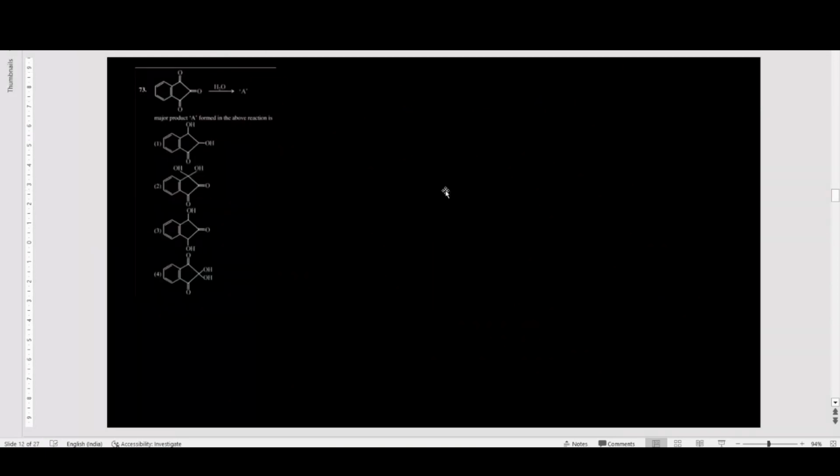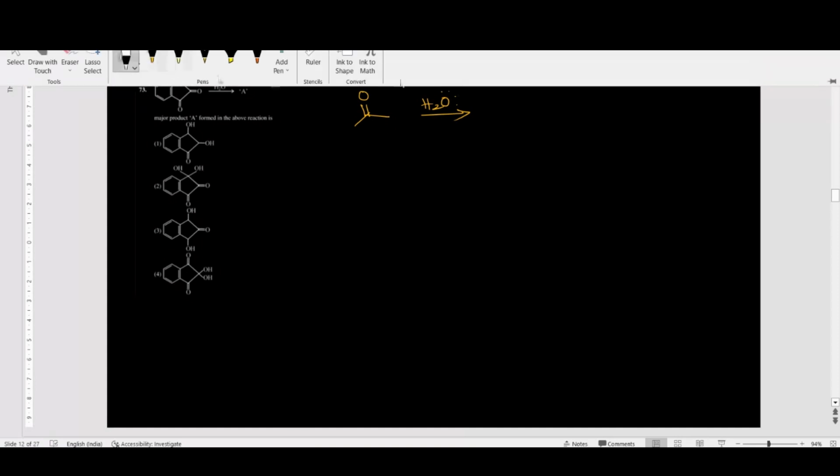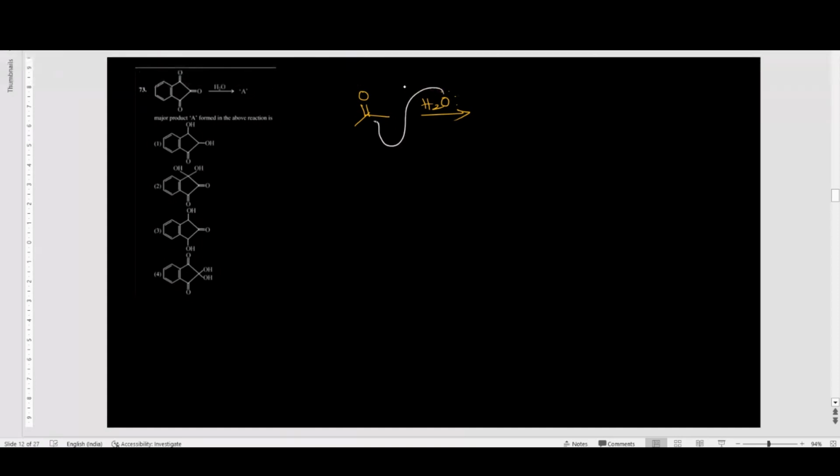Now let's solve one more question. The major product A formed in the above reaction. This is simple: whenever you treat ketones with water, it will form gem diols. Let's see how. Water will attack this particular carbonyl carbon, and then we'll get this O− and OH2+, right?